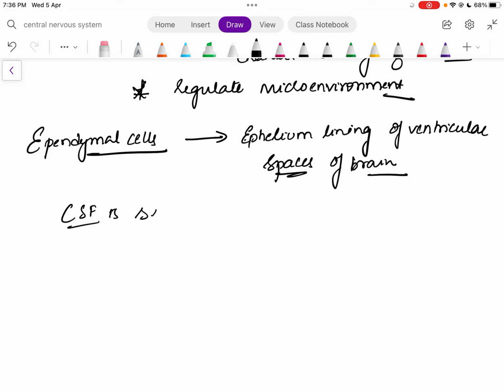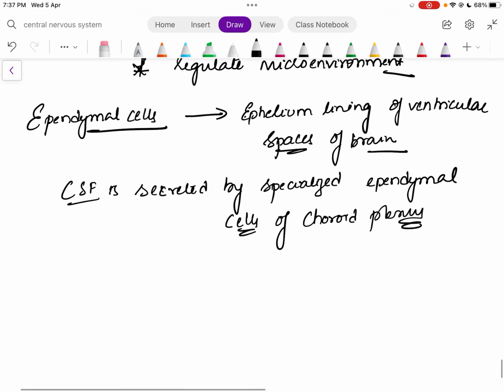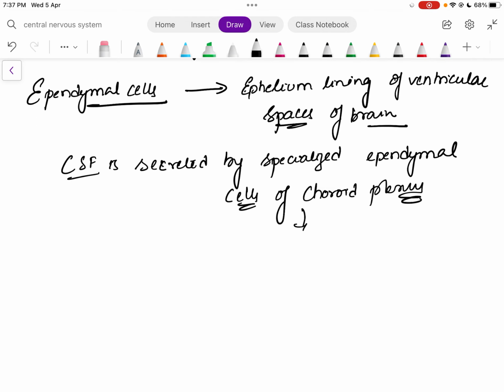And CSF is secreted by specialized ependymal cells of the choroid plexus, and these are located in the ventricular system.